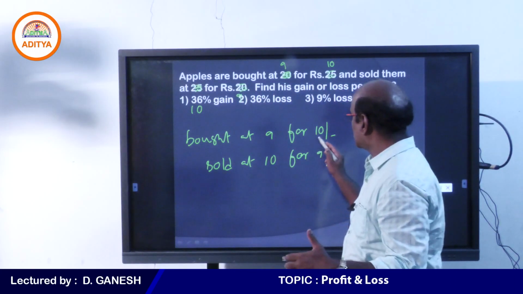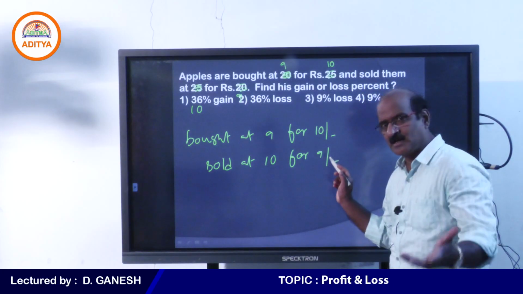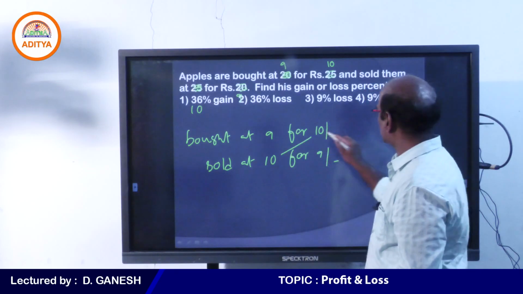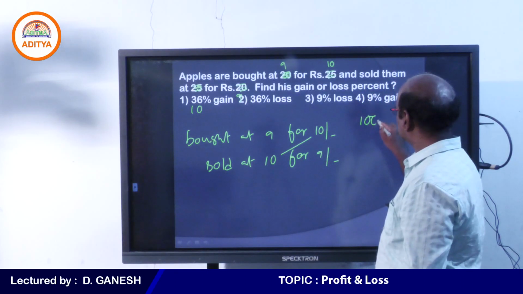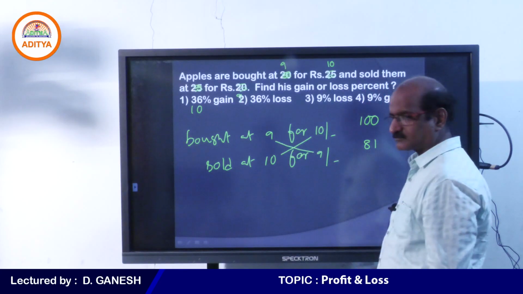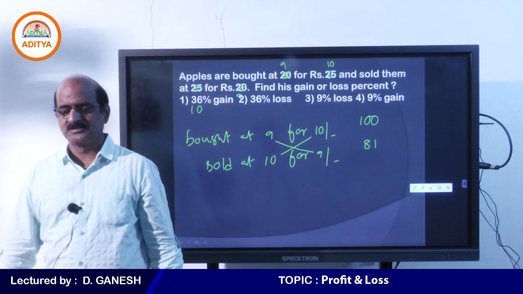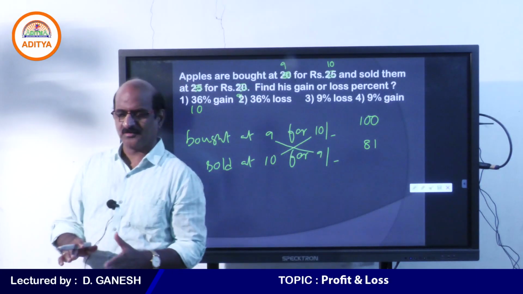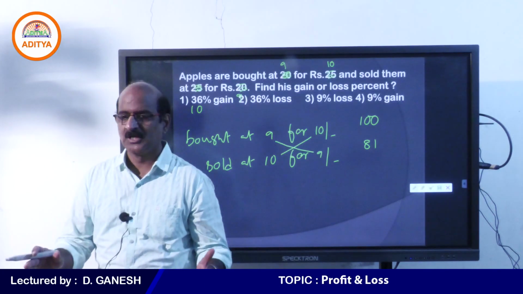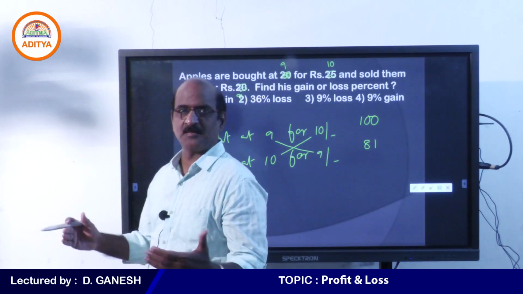Here we go. He bought it for 10 but sold for 9. So it is a loss. We need to know how much is the loss. 10 into 10, 100. 9 into 9, 81. Very good. Student, I think now you are very clear why 100 and why 81. Now we need to decide which one is the cost and which is the selling price.